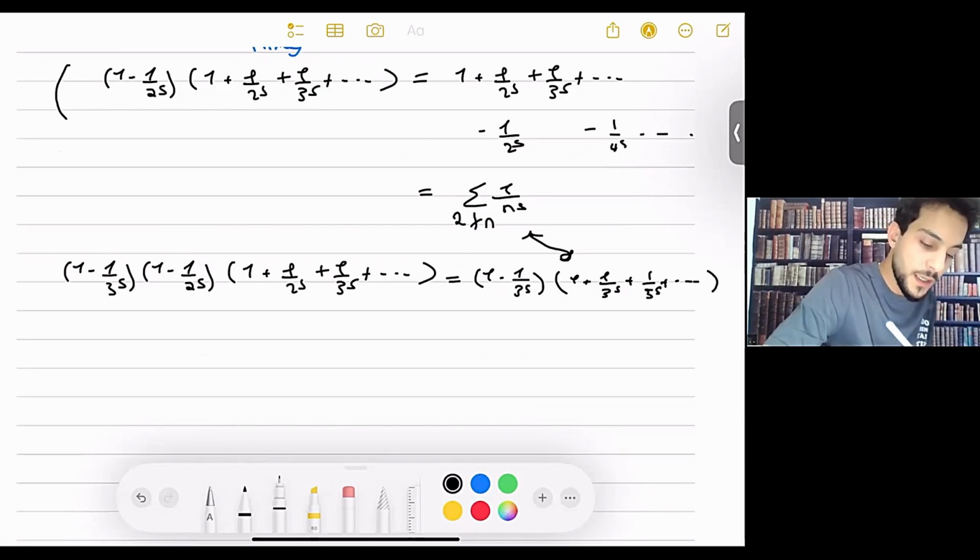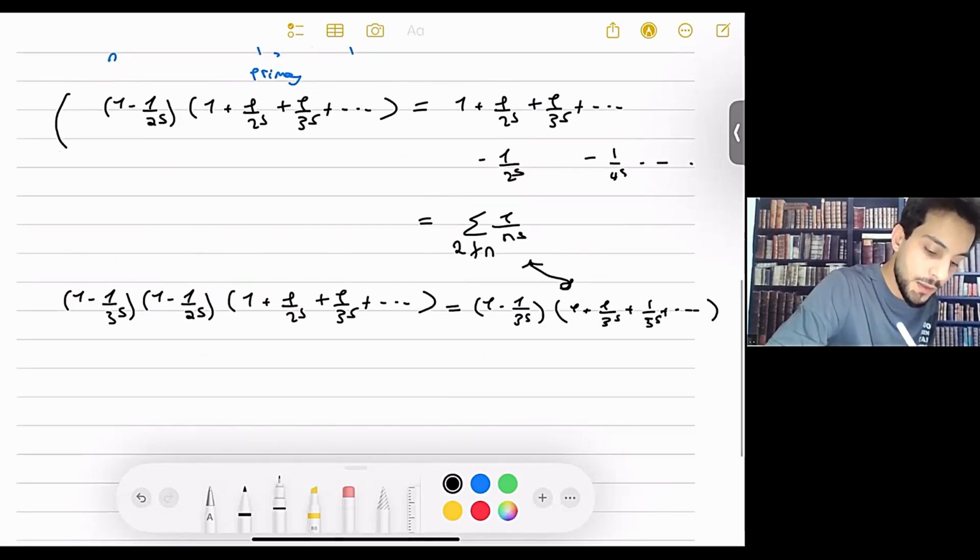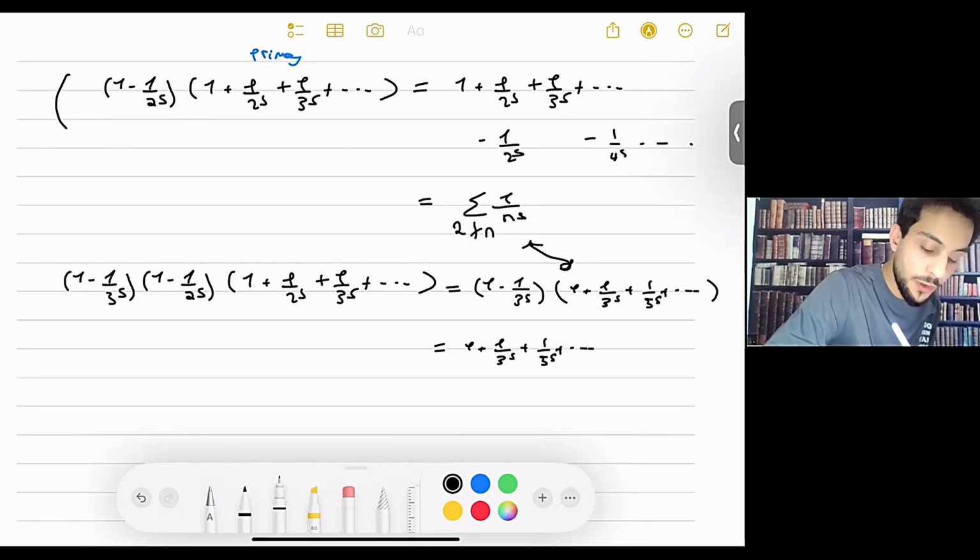And if we open this up, we're going to see that this is going to be the sum after we omit from it all the multiples of 3. So we basically hit this by this, and we omit all the multiples of 3.